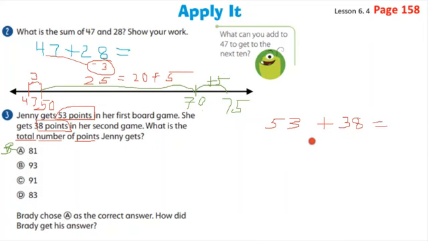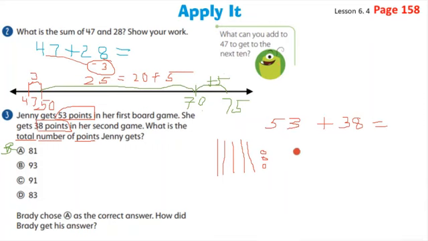So let's take a look at this. Do we want to use a number line, or do we want to make 10? Let's show it using 10 frames. So this is equal to 10. There's 1, 2, 3, 4, 5, and then I have 3 ones.